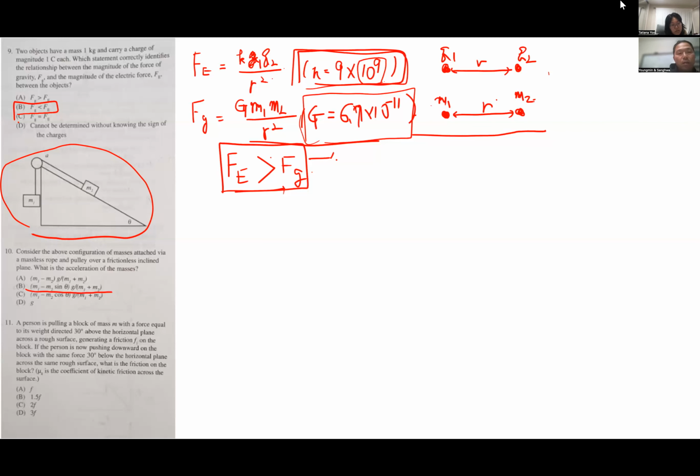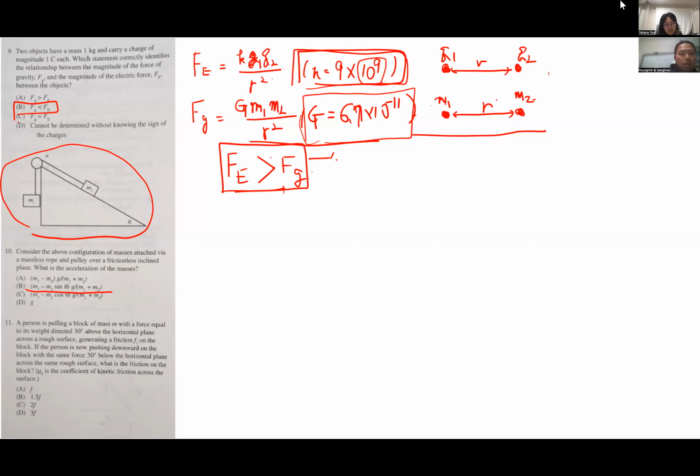How did you solve it? Because I didn't think that C and A were correct. And when solving these problems, I always use sine theta instead of cosine theta.